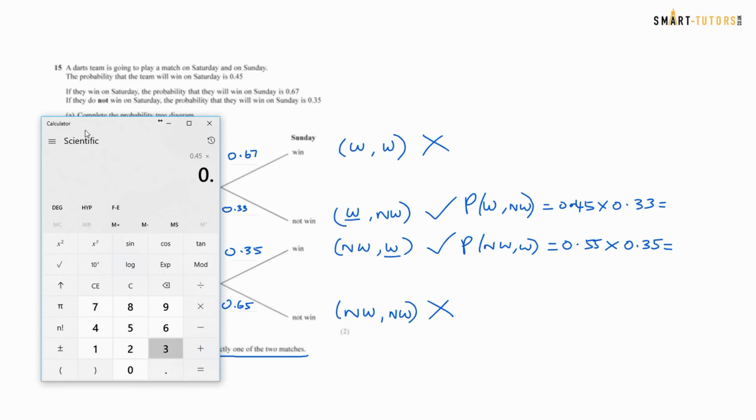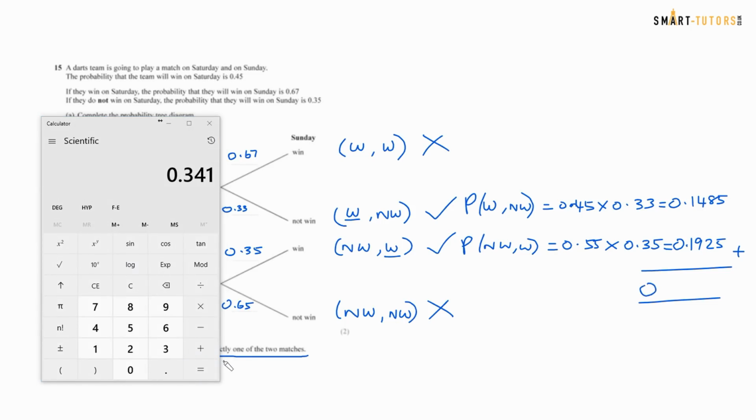Let me put my calculator somewhere here. 0.45 times 0.33, the answer is 0.1485, and 0.55 times 0.35 is 0.1925.